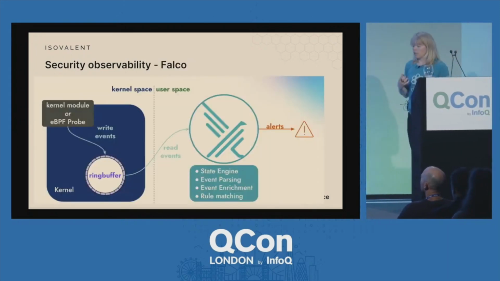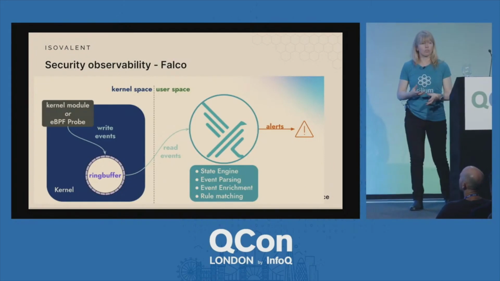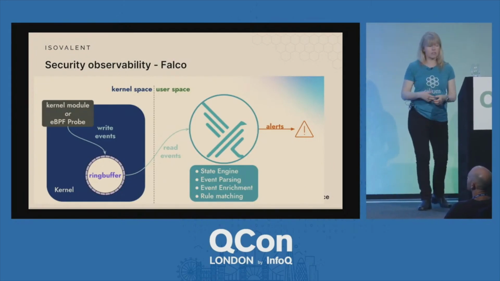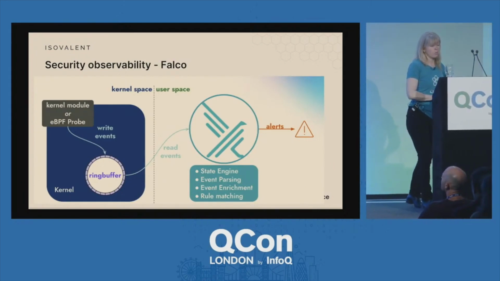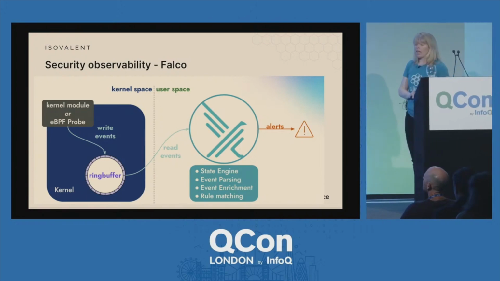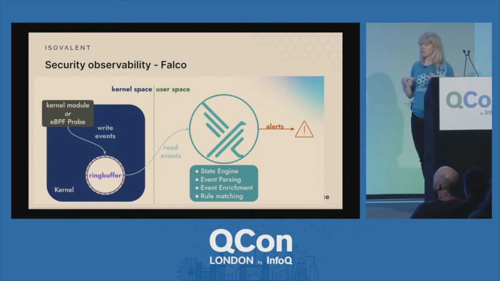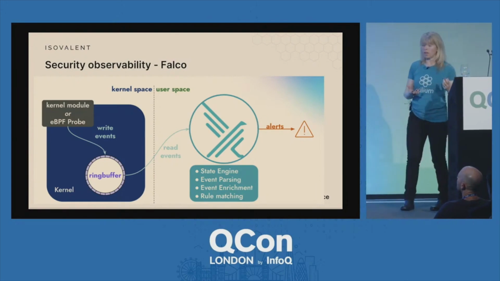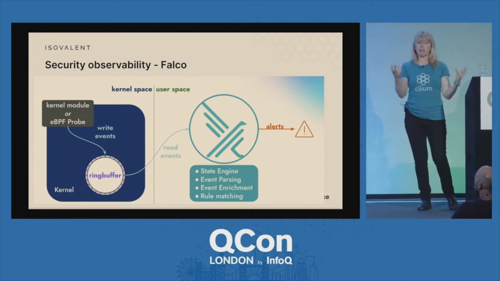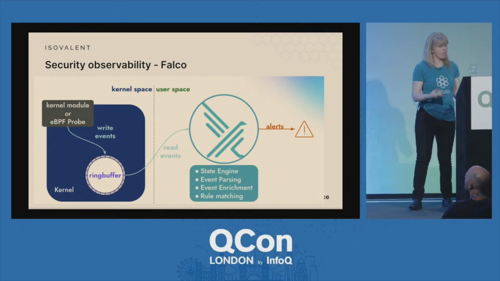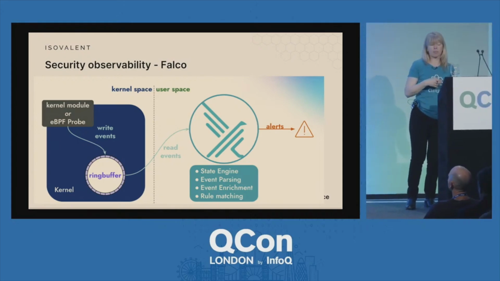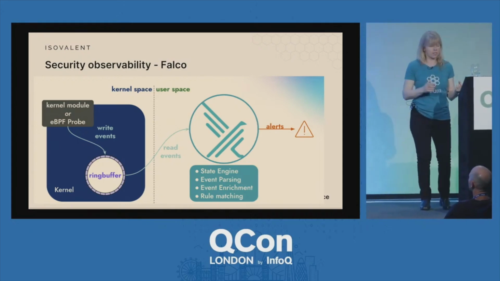So one example of an eBPF-based tool for security observability is Falco. This is another CNCF project, and it has two modes. It has a kernel module mode or an eBPF mode that can detect security-relevant events and pass those to user space, where they're compared against a policy.